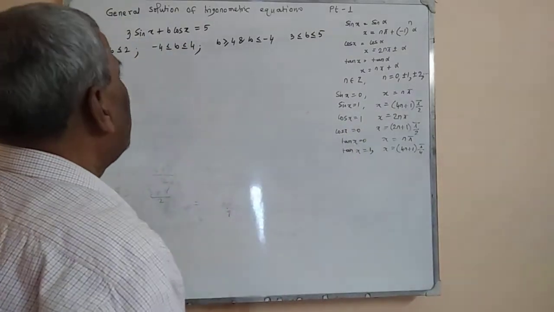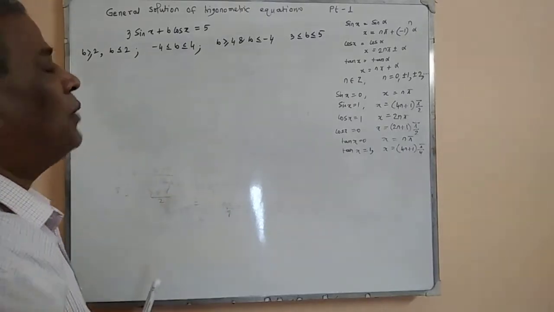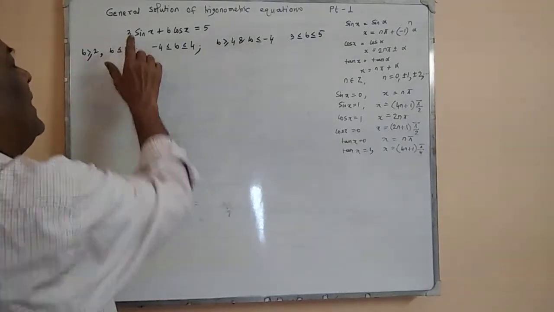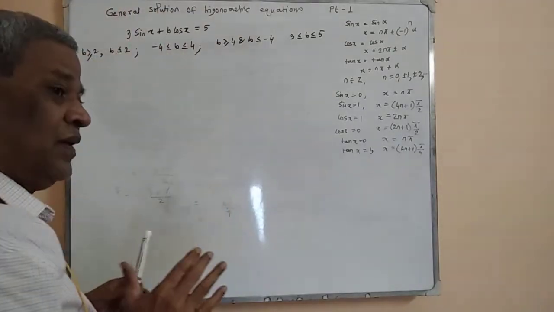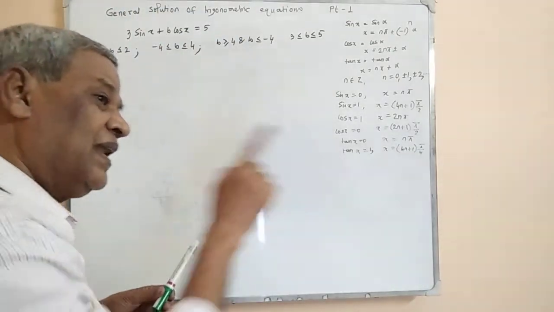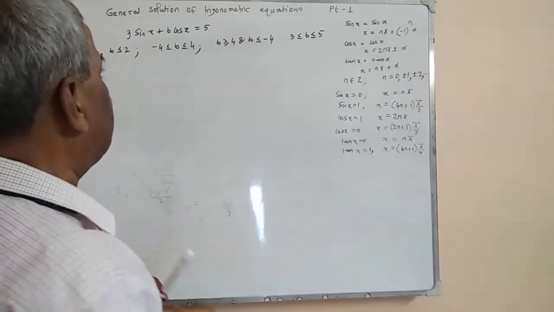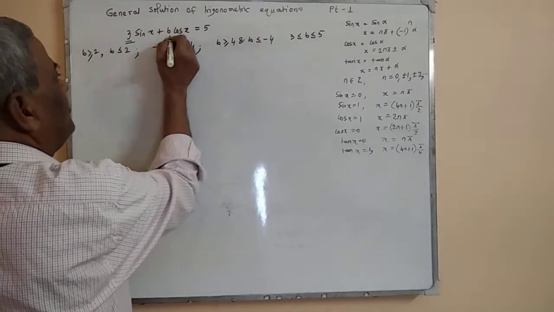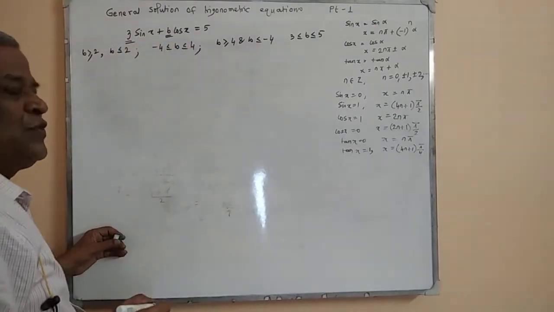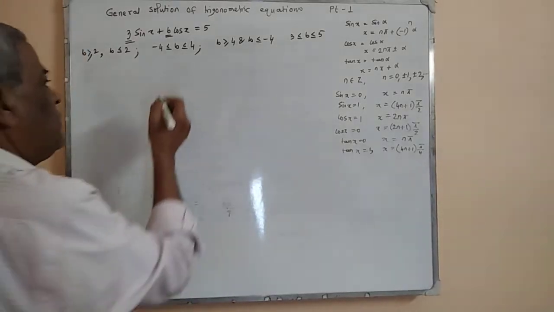Now you see, the given equation's left hand side is a linear combination of sin x and cos x. We have to make it a single trigonometric function, either in terms of sin x or in terms of cos x. That's why we have to divide throughout by root over of the coefficient of sin x whole square plus the coefficient of cos x whole square.